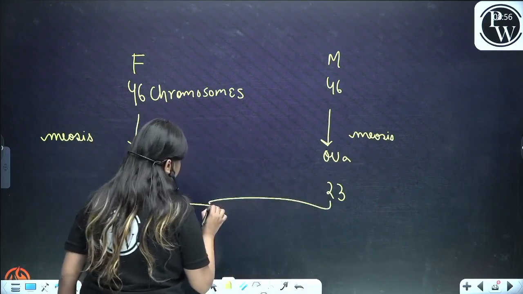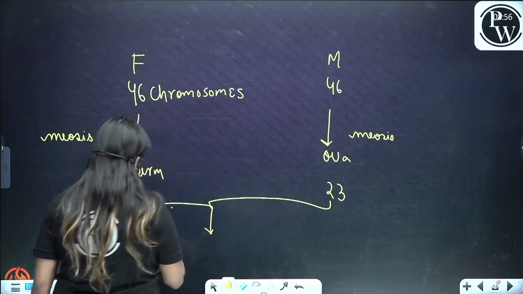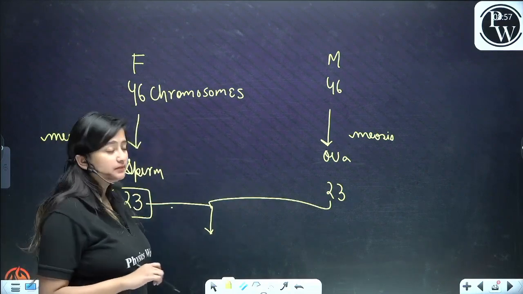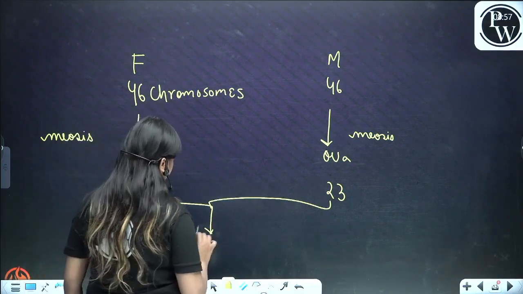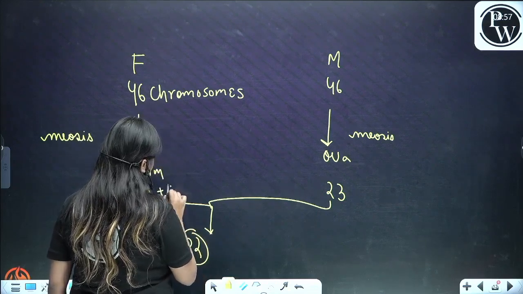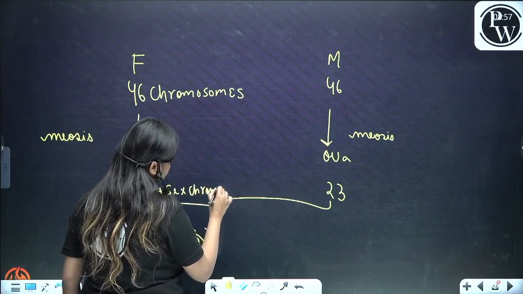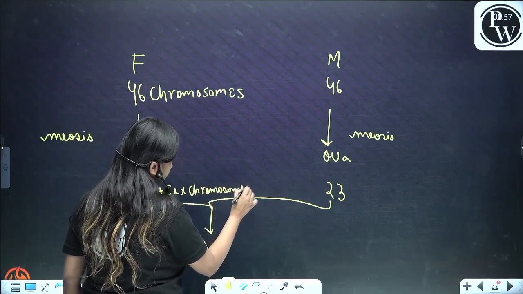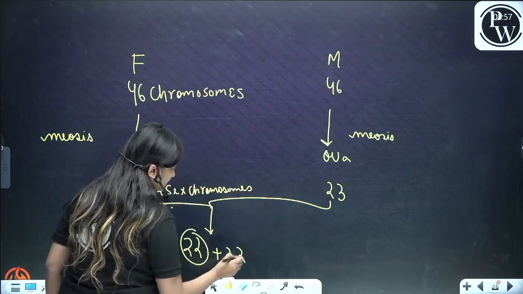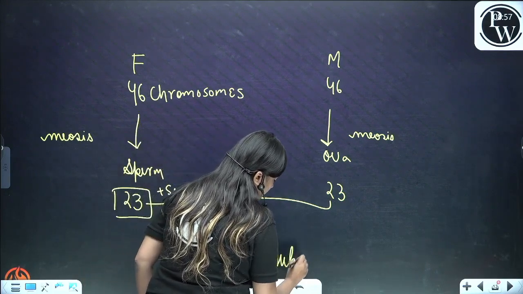Now at the time of fertilization, these 23 chromosomes comprise 22 autosomes and one sex chromosome. So 22 plus 22, these are the autosomes.